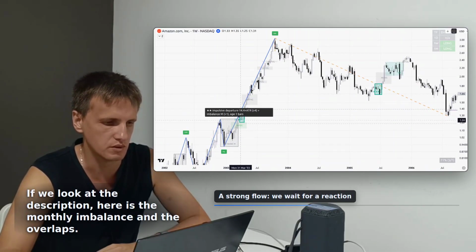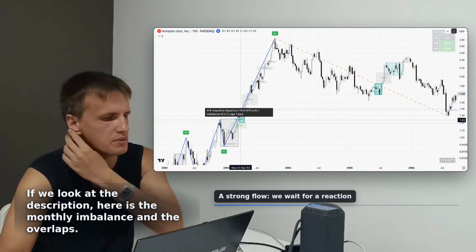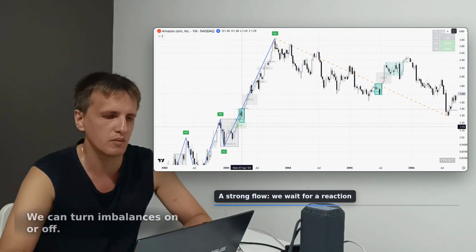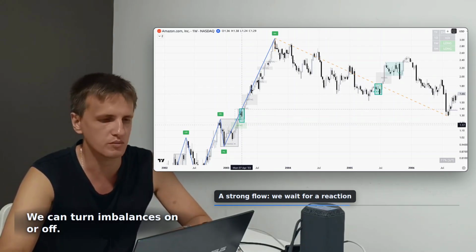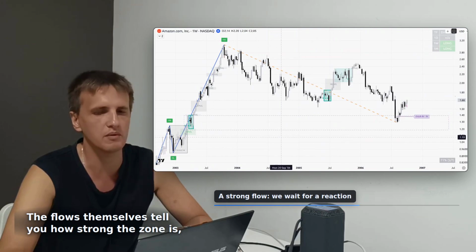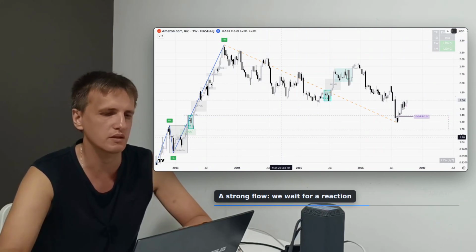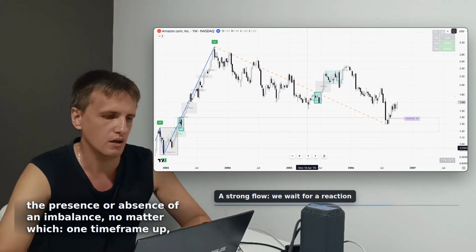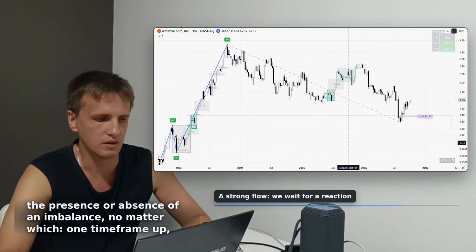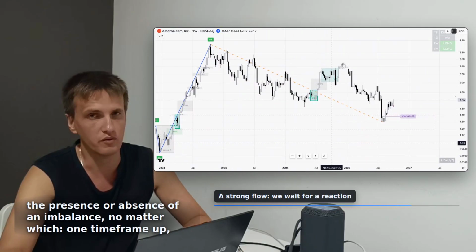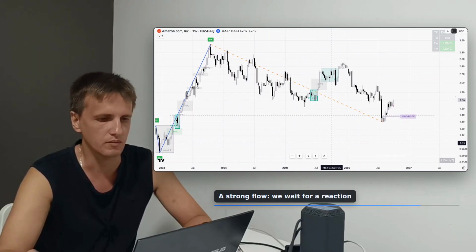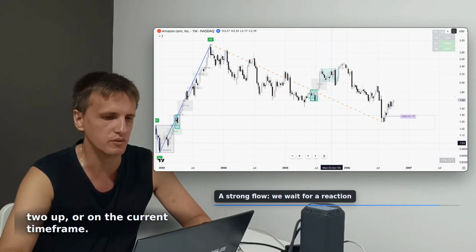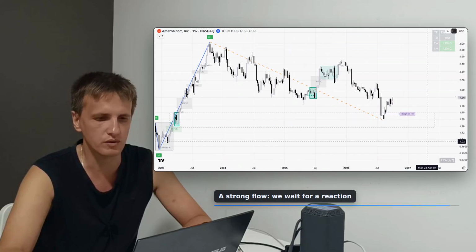If we look at the description, here is the monthly imbalance and the overlaps. We can turn imbalances on or off. The flows themselves tell you how strong the zone is, because it includes the presence or absence of an imbalance, no matter which, 1 time frame up, 2 up, or on the current time frame.